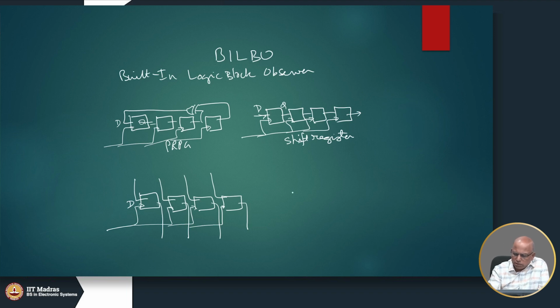What about the multiple input signature register? That would look like this. We'll generate the feedback line and we will XOR these.